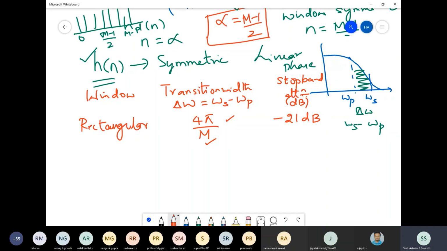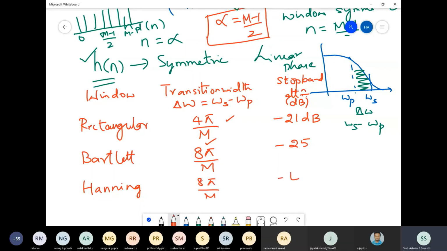Then the next one is the Bartlett window. This gives a transition width of 8 pi by M and a stop band attenuation of minus 25. Then the Hanning window also gives 8 pi by M and a stop band attenuation of minus 44.